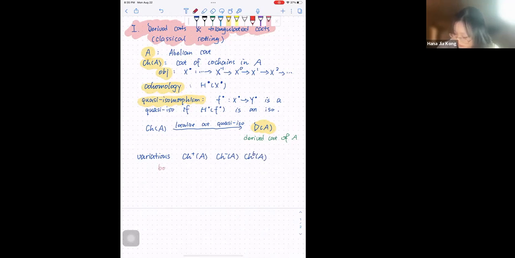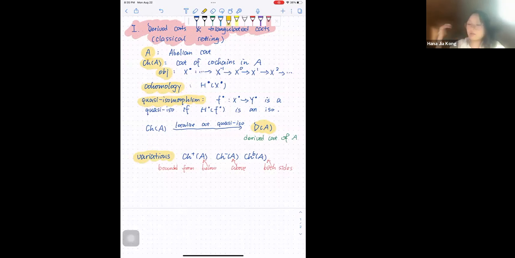These are bounded from below, above, and from both sides. These bounded things also give you the corresponding bounded derived categories of A.